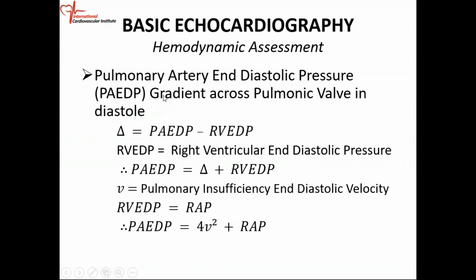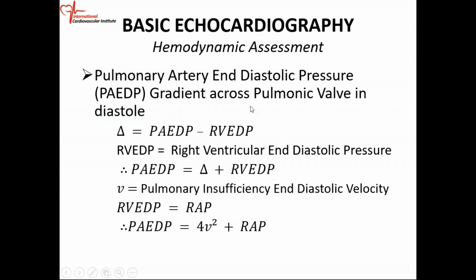So the gradient that's driving the blood across the pulmonic valve and into the right ventricular flow tract is the diastolic pressure in the pulmonary trunk minus the diastolic pressure in the right ventricle. Again, remember, gradient is a pressure difference, and blood is flowing from the pulmonary trunk into the right ventricle. So the pressure in the pulmonary trunk has to be greater than the pressure in the right ventricle to drive blood in that direction.